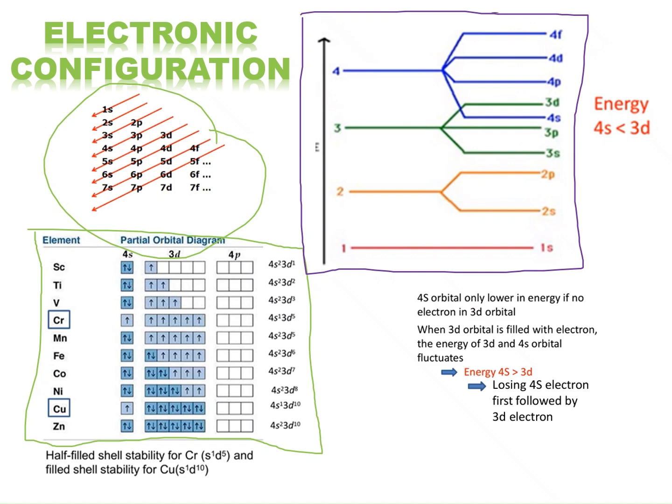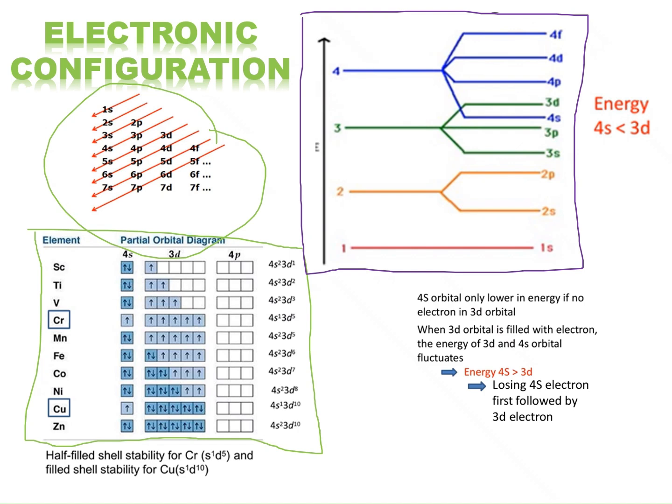So when n equals 4, a new orbital comes in, 4f. If you look at this diagram, the arrangement of the energy levels of the 4s and 3d: when the 3d orbital is empty, the 4s energy level goes down, even though n equals 4 is higher in energy compared to n equals 3. When n increases, the arrangement of the energy levels fluctuates.